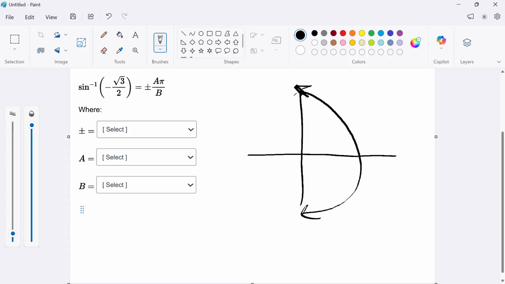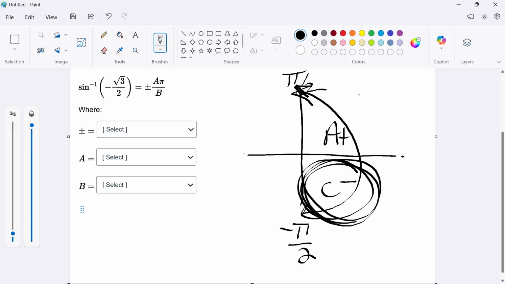Remember, arc sine goes from negative pi over 2 to pi over 2. Arc cosine goes from 0 to pi. So it's negative. Remember, sine is negative here and positive here. So I'm in this quadrant, so I'm going to be negative. I need a negative answer. Now I don't have to worry about the sign anymore.